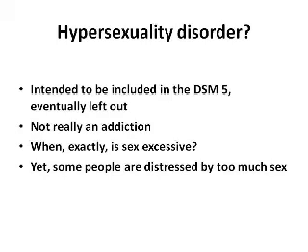One of the disorders that was intended to be included in DSM-5, but was eventually left out, was hypersexuality disorder. This is supposed to be a disorder when people have too much sex, and this causes distress. So it was pretty much like sex addiction.